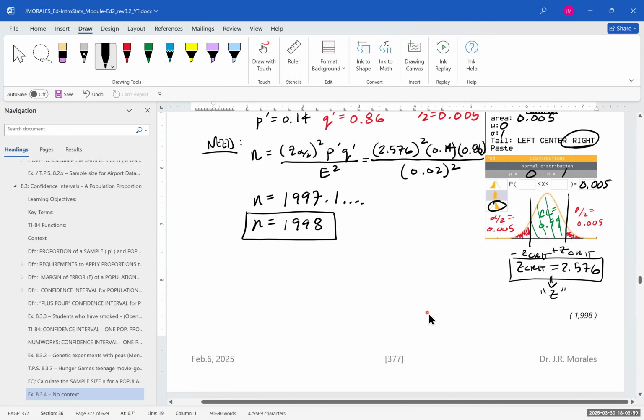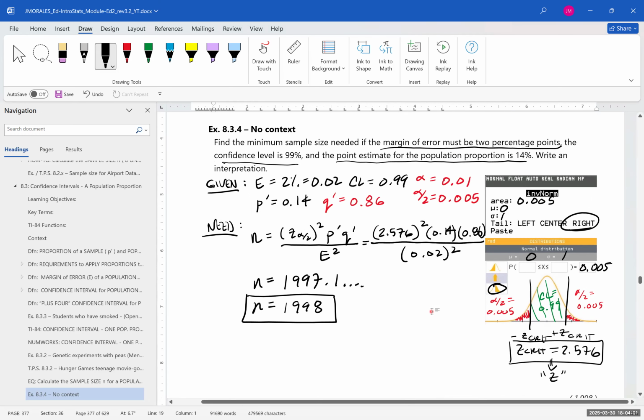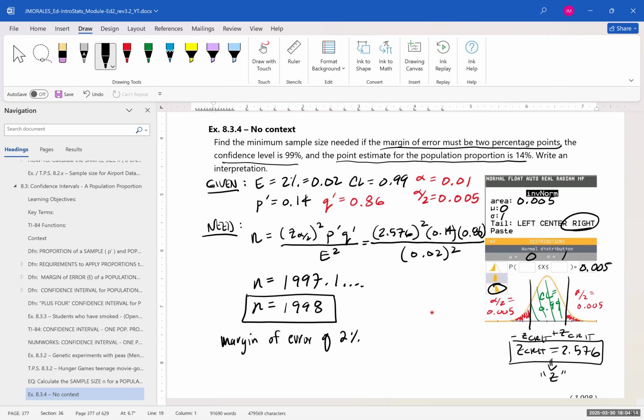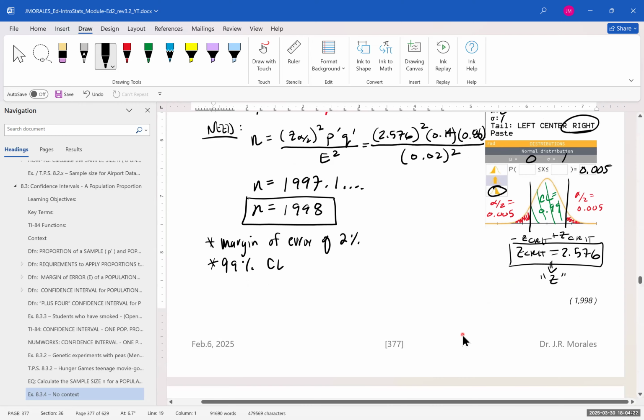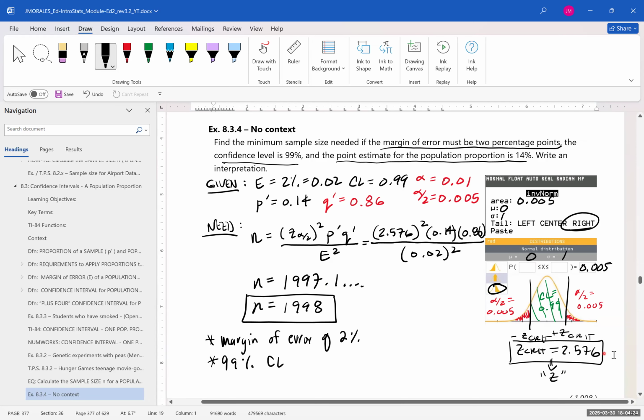That's the sample size that we need in order to have a margin of error of 2% and a 99% confidence level. Let me know if you have any questions.